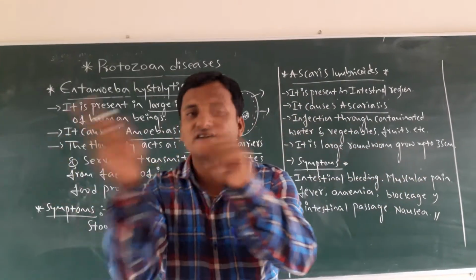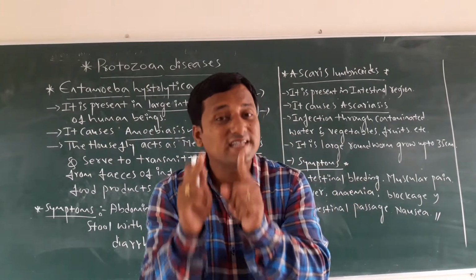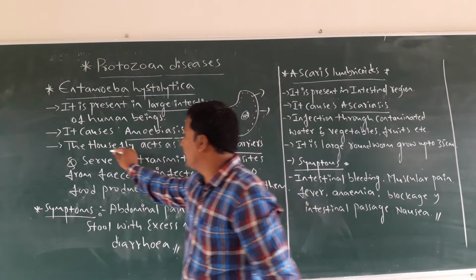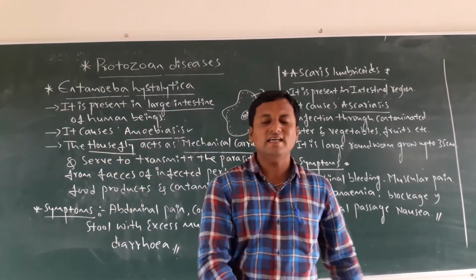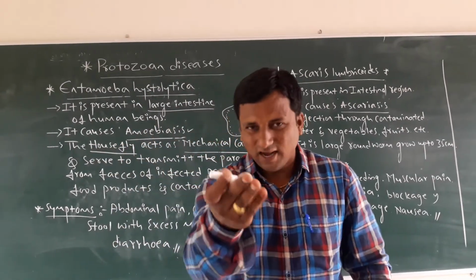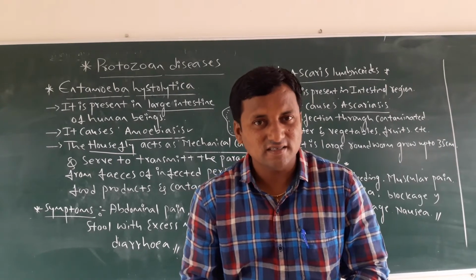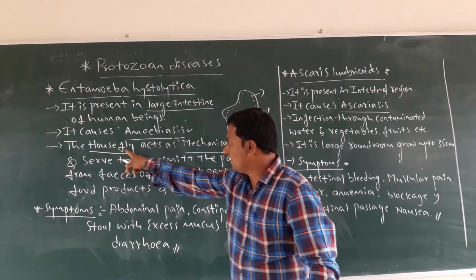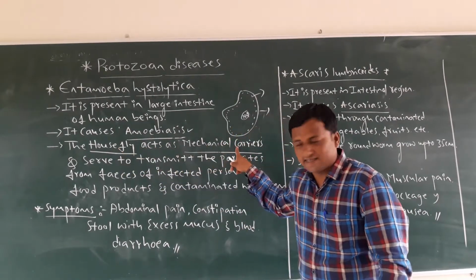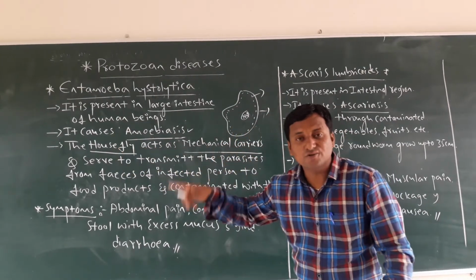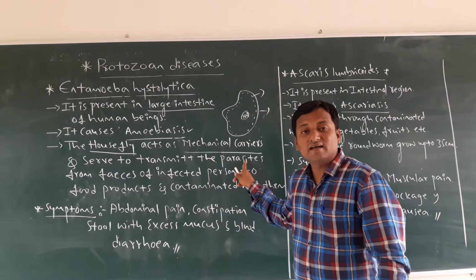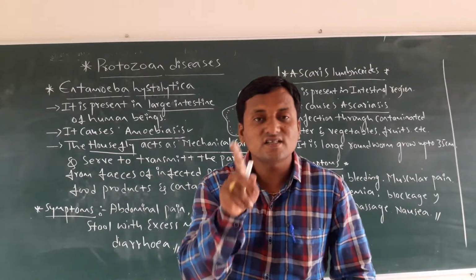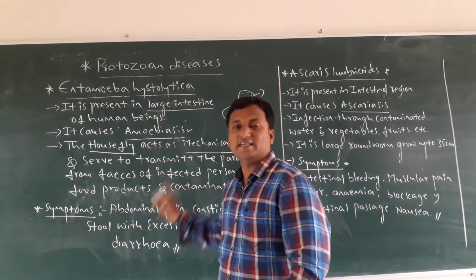This type of transmission takes place through some organisms, basically called the housefly. Houseflies are there, mosquitoes are there. These act as mechanical carriers. The housefly acts as a mechanical carrier and serves to transmit the parasites present in the feces of an infected person.